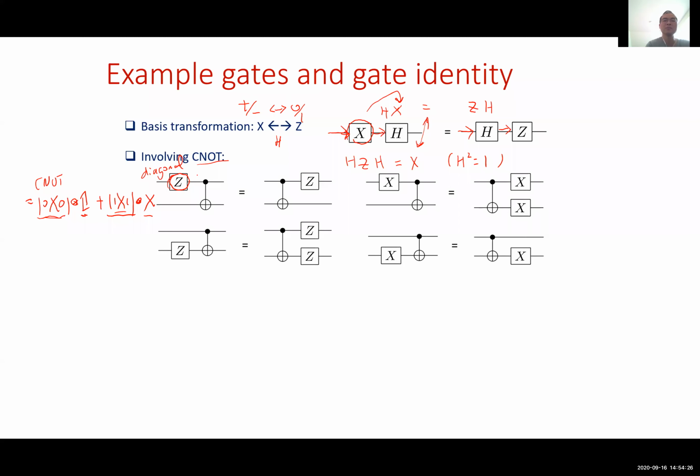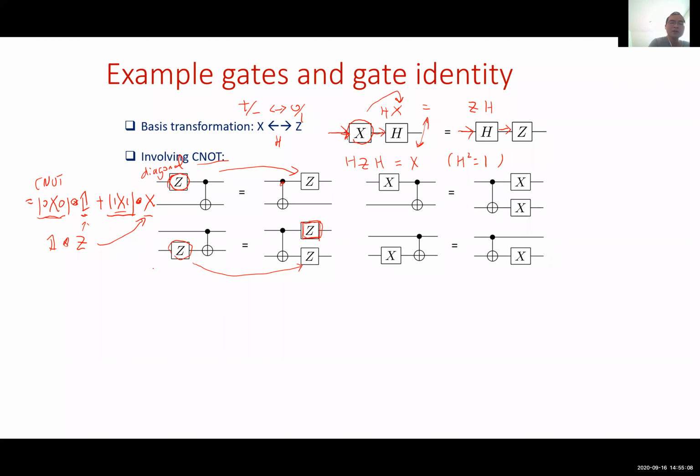So you can push this behind the CNOT gate if the Z is on the first qubit. But if the Z is on the second qubit, this is identity on the first qubit, Z on the second qubit. It commutes with identity, but it does not commute with X. So when you push this to the right, you need to compensate for the fact that X and Z anti-commute. So you need to put a Z gate. So this is an identity.